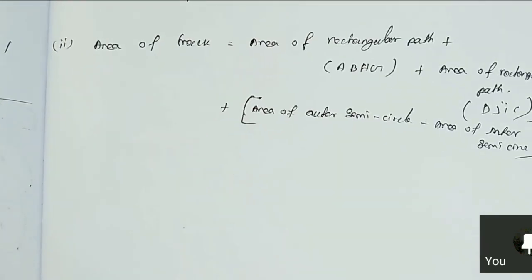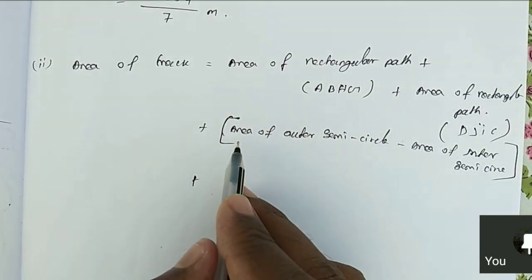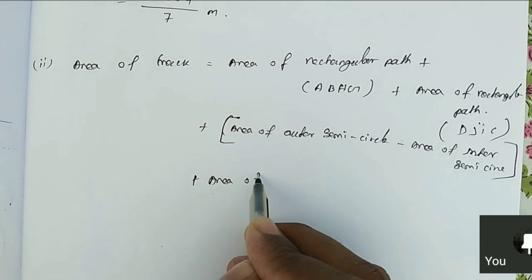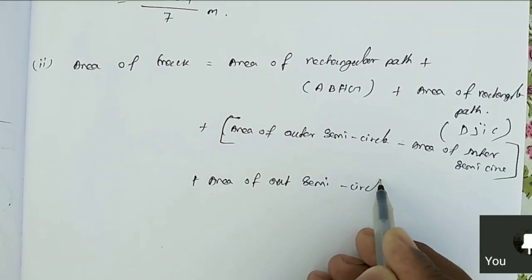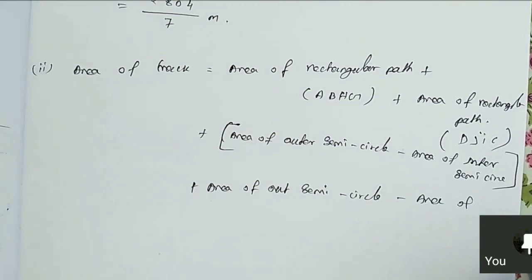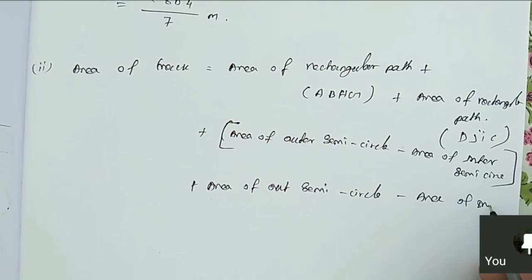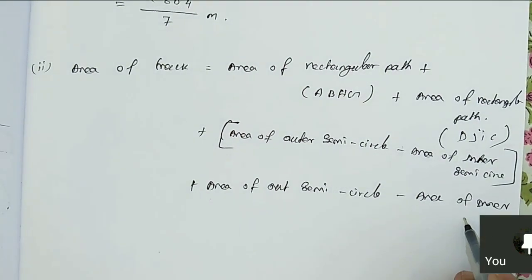First you should find it, then you can subtract it. Then plus, again the same thing: area of outer semicircle minus area of inner semicircle. Are you clear now?